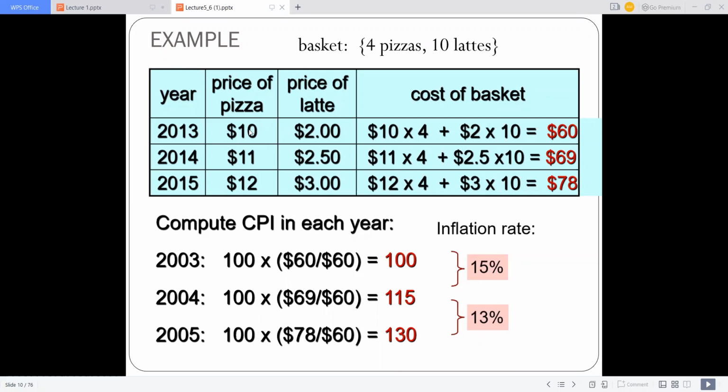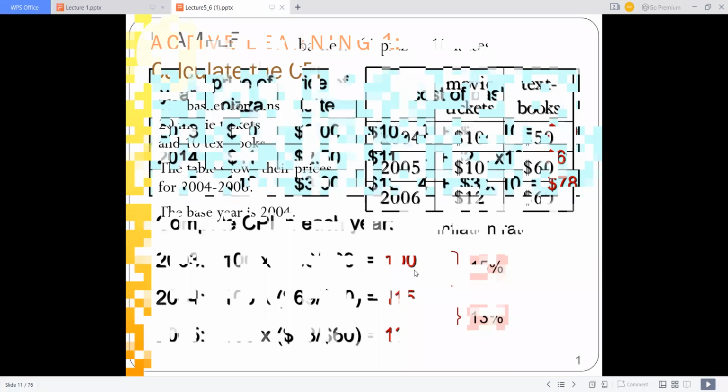Just make sure you don't interchange one quantity for one price. Here 10 times 4, that's what you're having here. Here 2 times 10, that's what you're having here. And they added them. Here too, the same thing, 11 times 4, then 2.5 times 10. Very simple and very straightforward. Please, are we good?